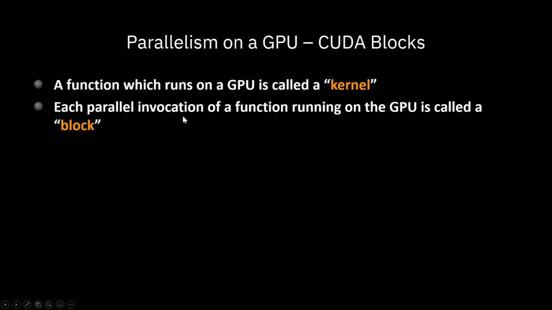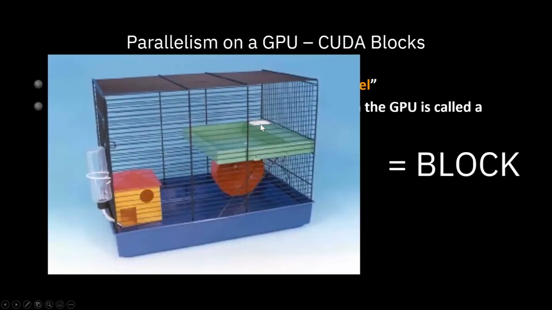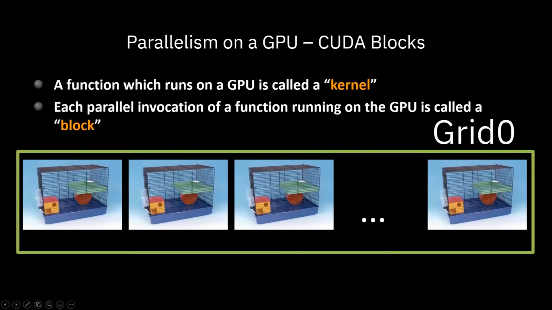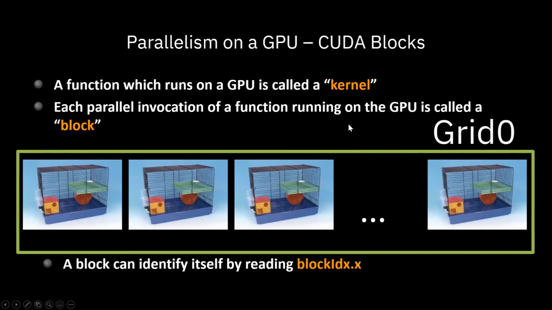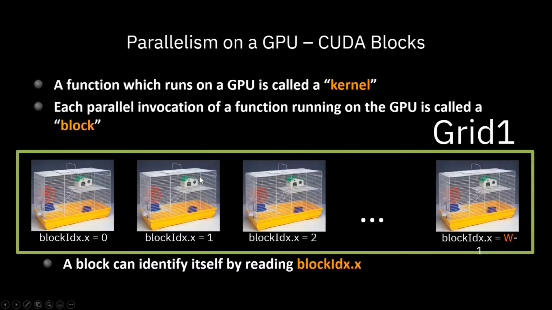Each invocation of a function running on the GPU is called a block. A block is similar to a cage, and to build your grid you would put a lot of cages on your device. And that's the convention. You can have multiple kinds of cages that would run on different grids, so devices.